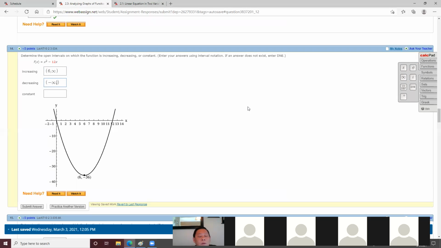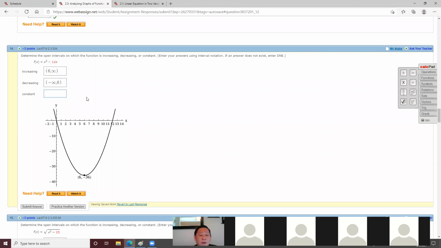Again, I'm looking at your x, I'm not looking at your y. This is what students get wrong because they look at the y. Always look at your x. You're asking for domain, and they always have x. So it goes to 6, because that's where you end. And for constant, because there is no constant, you put DNE here.